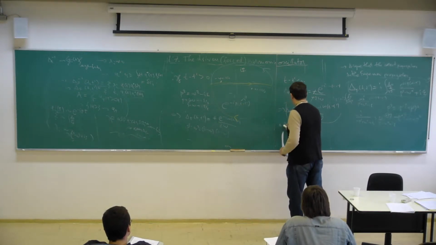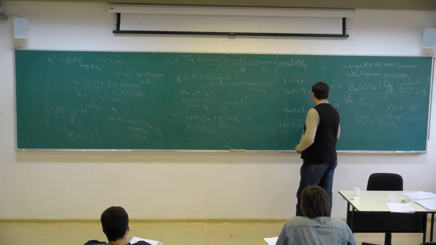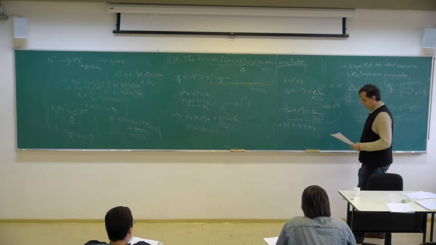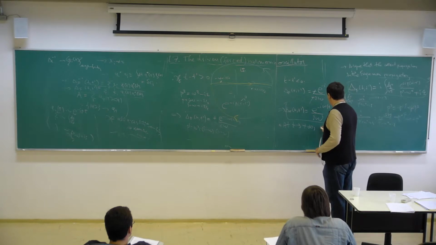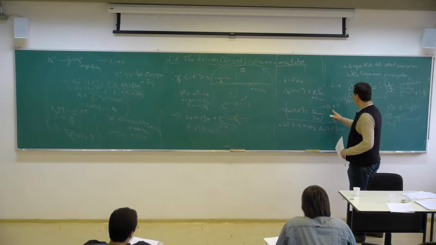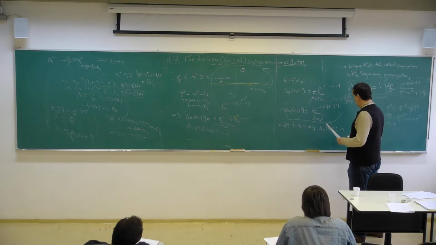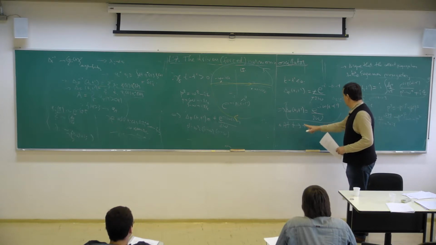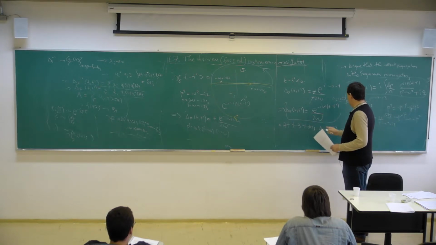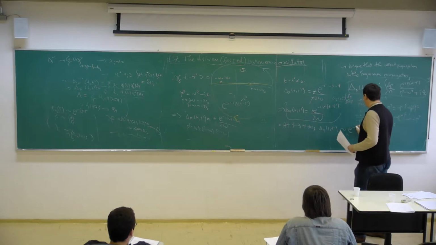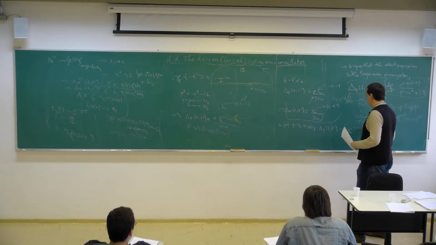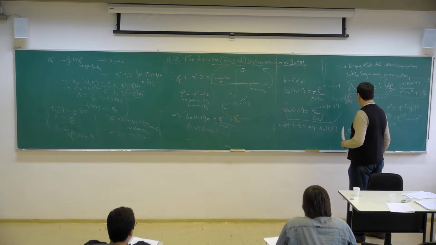So at t going to plus infinity, we get that delta f of t, t prime behaves as some constant that depends on t prime and omega, and then e to the minus i omega t, for t going to infinity.